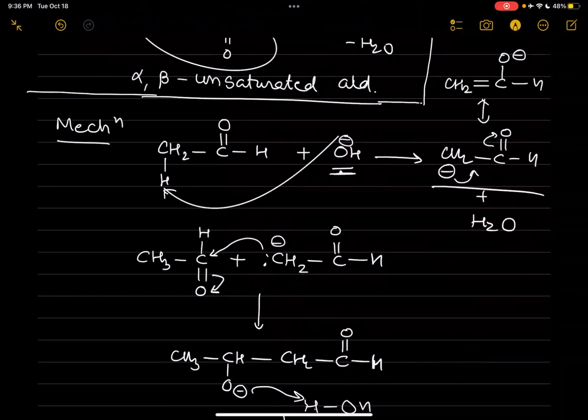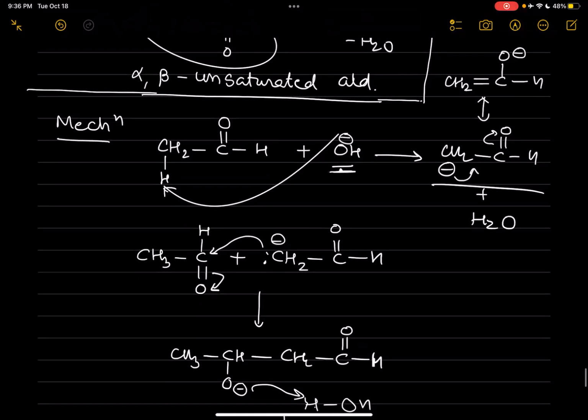This one. What is that called? Enolate. Not very common, not much required, but you need to understand the mechanism.